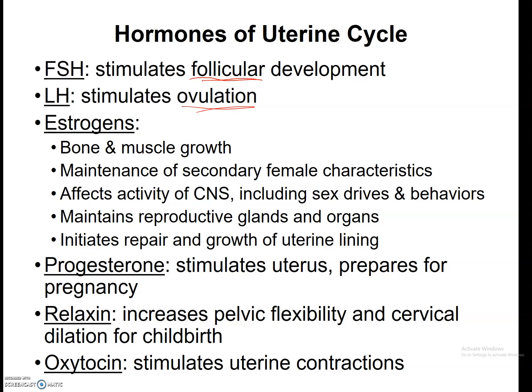So if anybody is having issues with anxiety, stress, anger, and so forth, approaching the second half of their luteal cycle, oftentimes it has to do with the drop in estrogen and the increase in progesterone. Progesterone is going to stimulate the uterus to prepare for pregnancy.